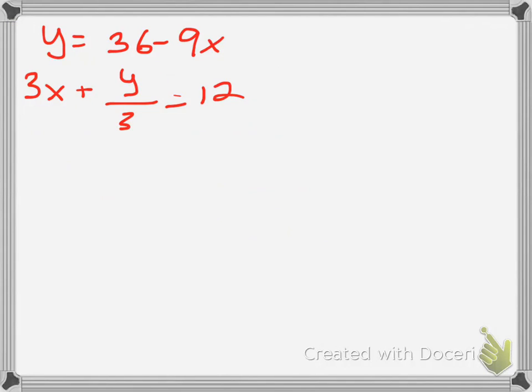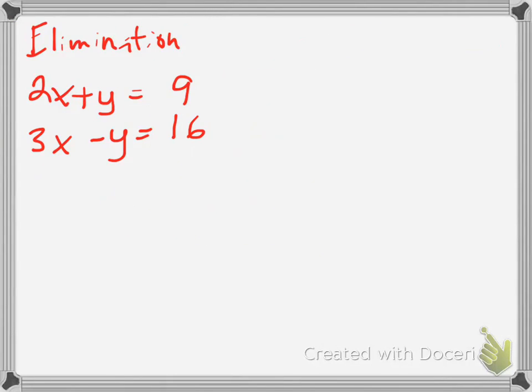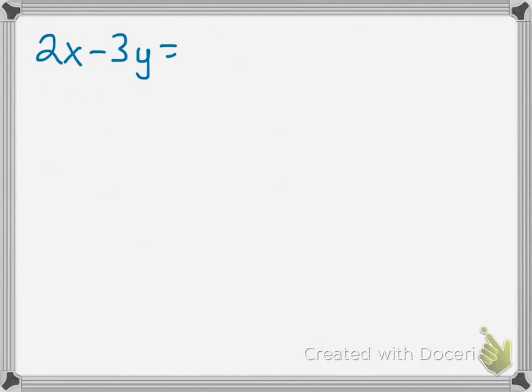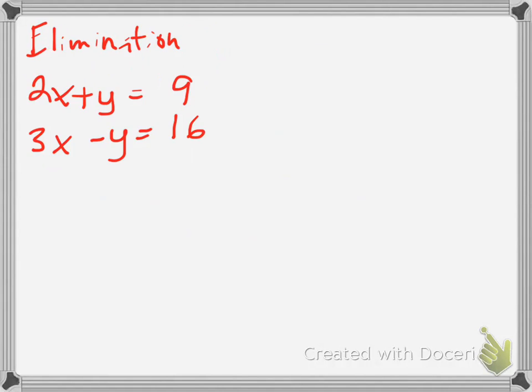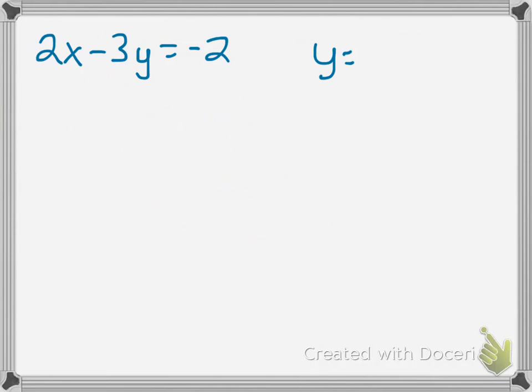So 2x minus 3y equals negative 2. And I know y equals, I just solved it, negative 4x plus 24.